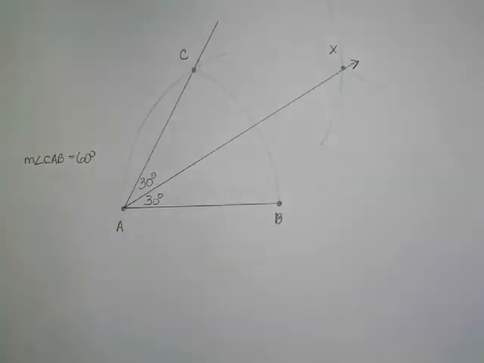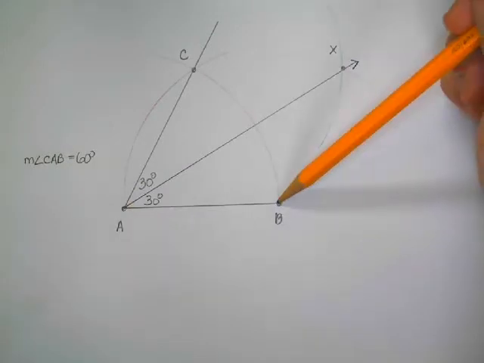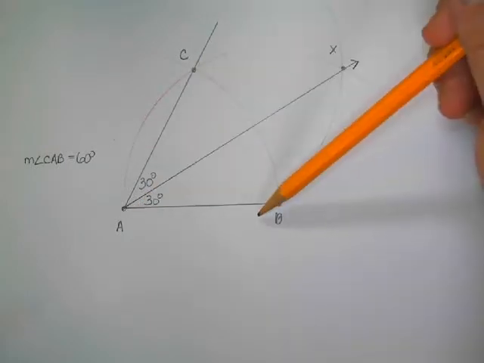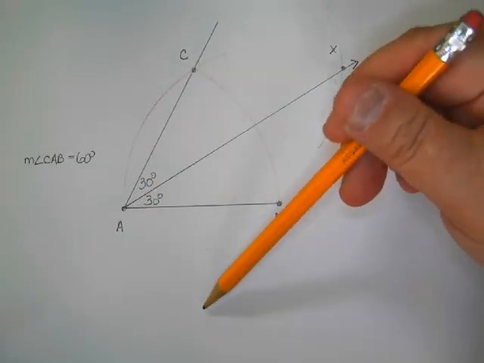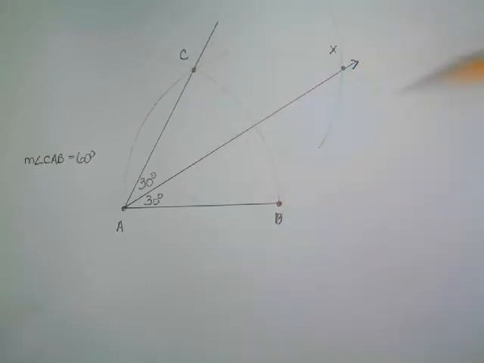We're going to start this part of the construction by creating the perpendicular bisector of segment AB, so I can get a 90-degree angle. Now, as you recall, point C is equidistant from both A and B, which means it lies on the perpendicular bisector of the segment AB. So I need to construct a second point below so that I can create the perpendicular bisector.